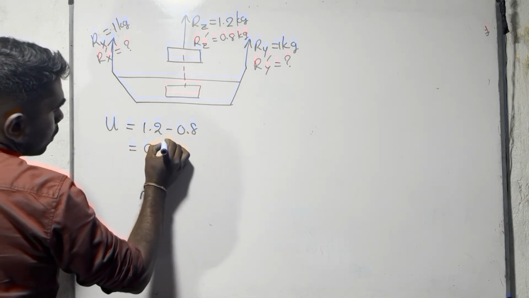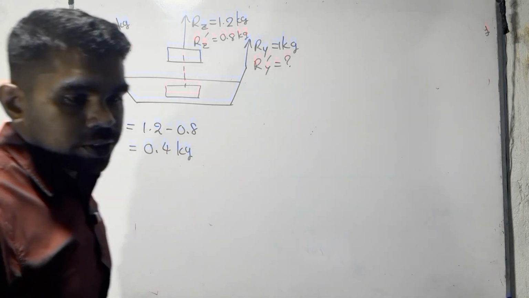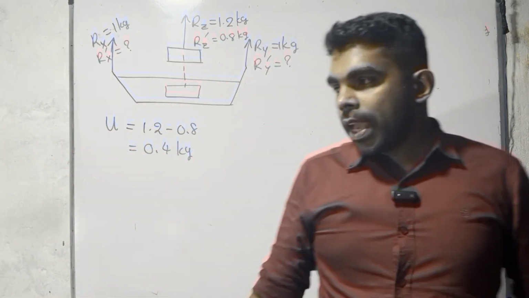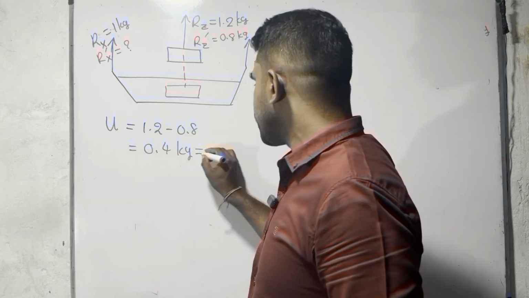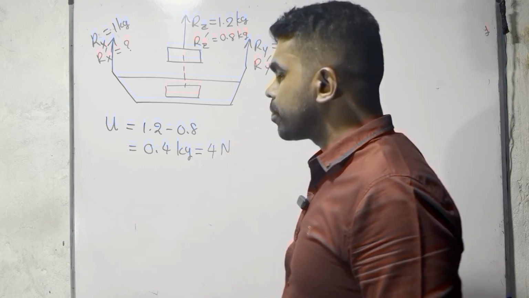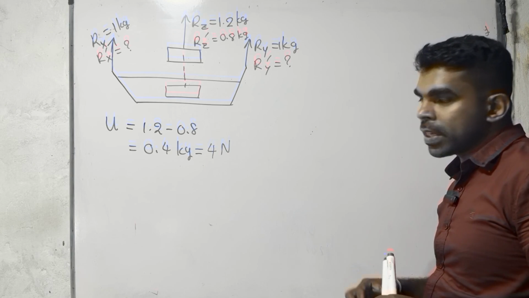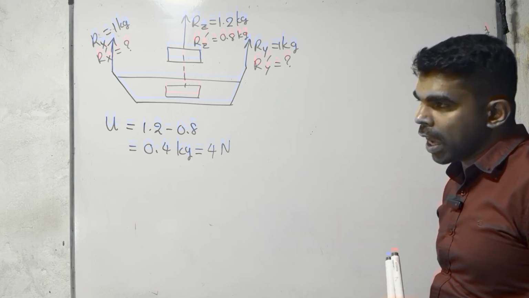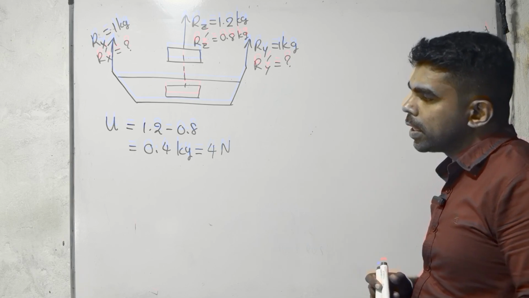It is 0.4 kilograms. It is the upthrust. And I will convert it to Newton. It is 4 Newton. Normally we are giving upthrust as a force, therefore we have to give it in Newton.